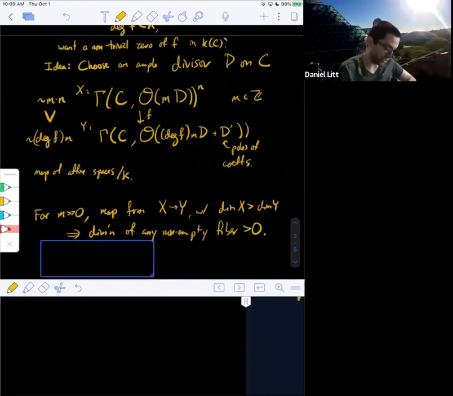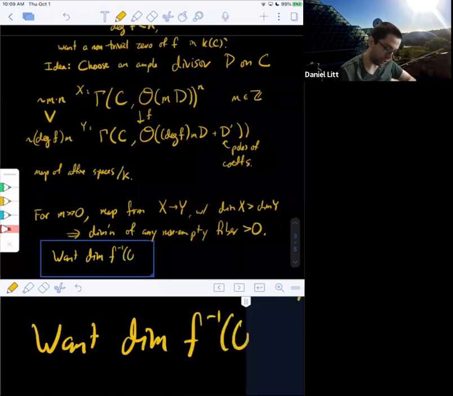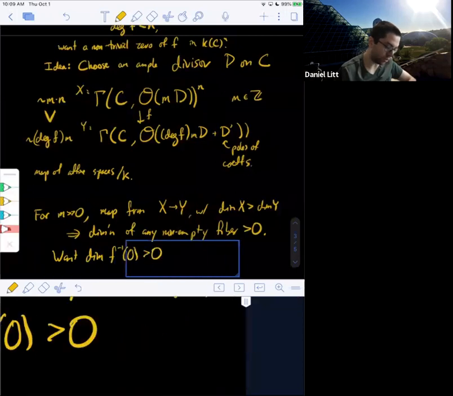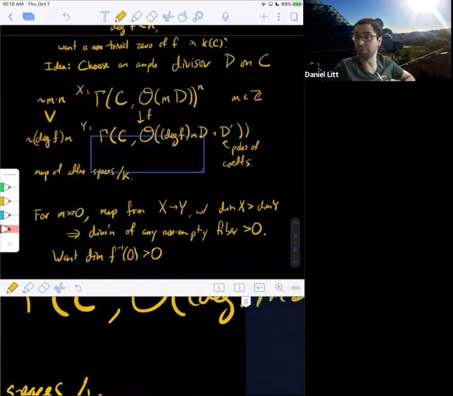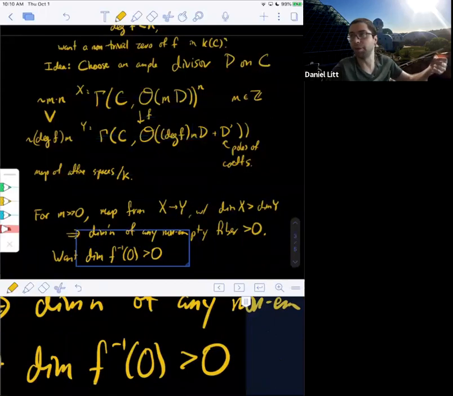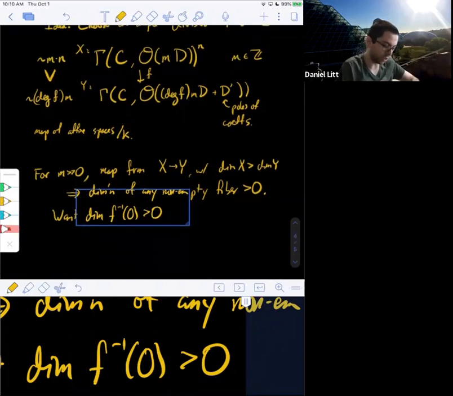Yeah, exactly. It would suffice to show that the dimension of f inverse of 0 is positive. Because this is a map of affine spaces over an algebraically closed field K, to produce a 0 of f it's enough to produce any point in the fiber which doesn't correspond to 0, 0, 0, 0, 0. So if the fiber is positive dimensional, such a point exists.